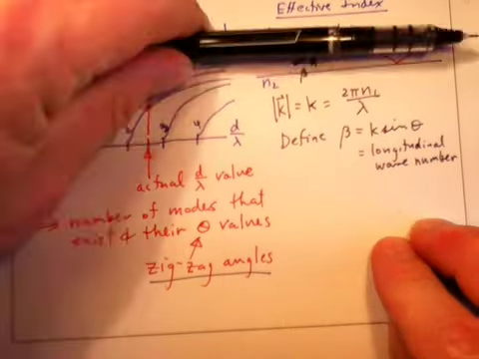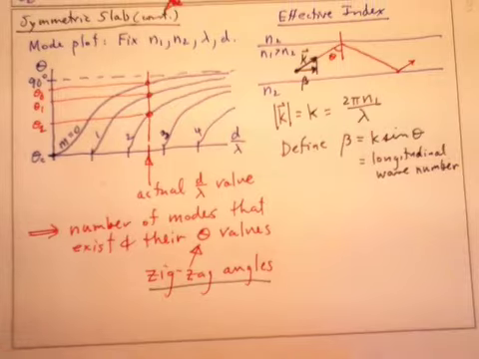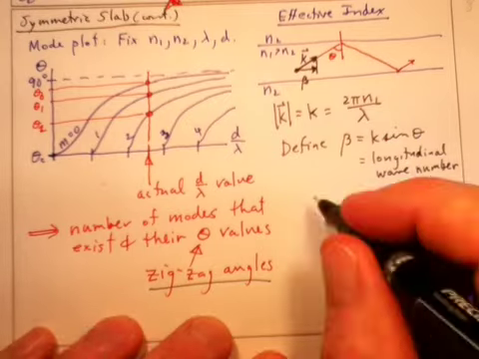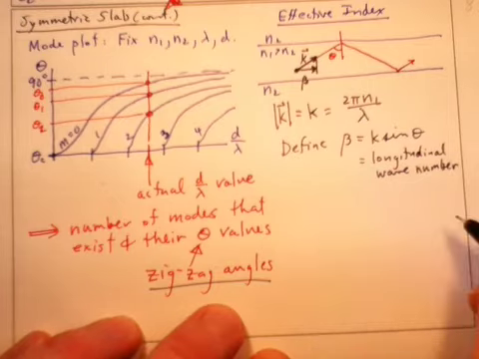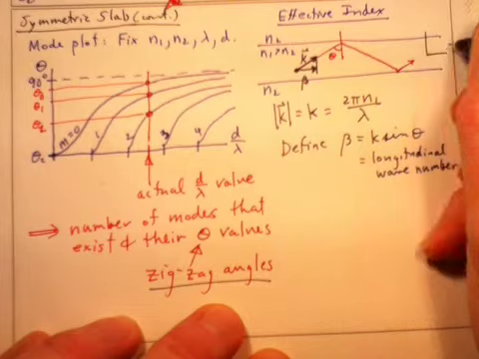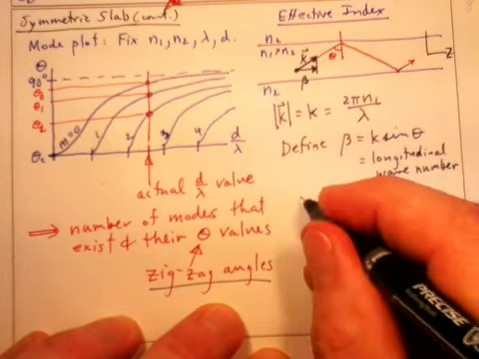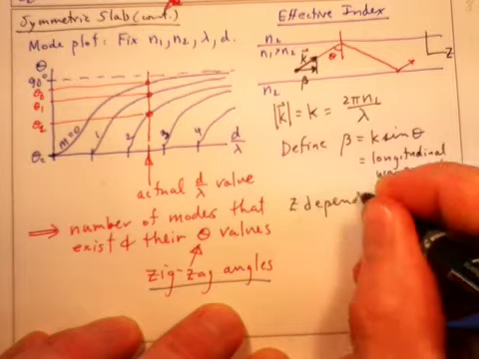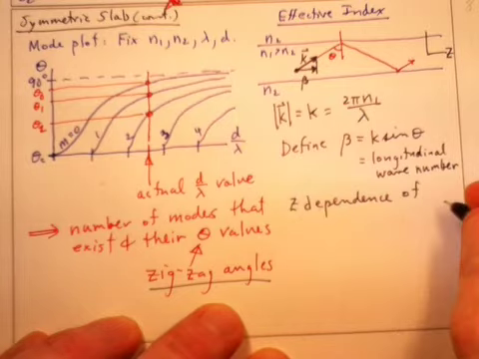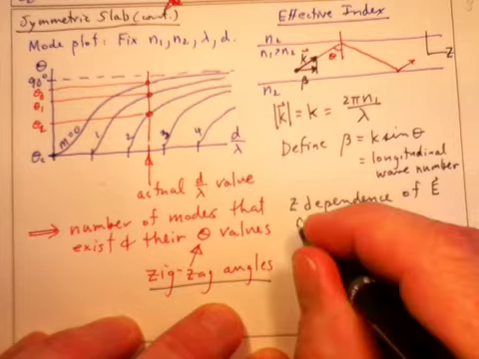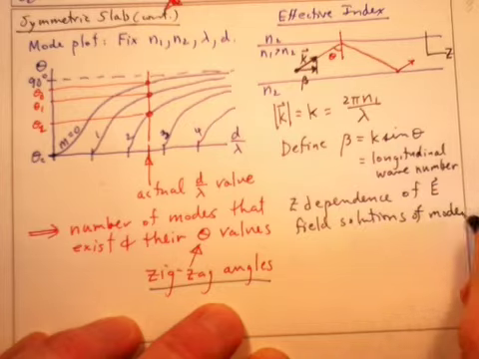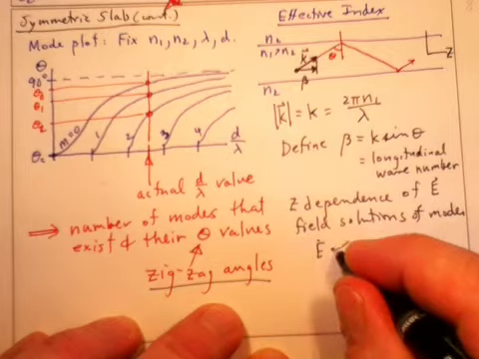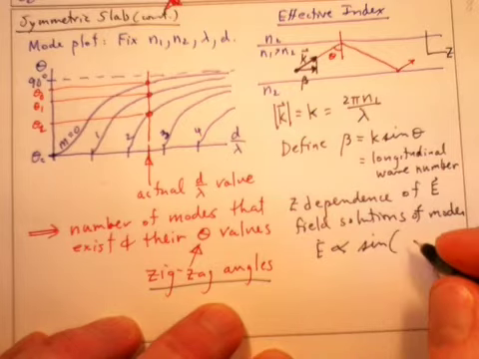What we can do then, and I'm not telling you exactly why this is such a great thing, is that the z dependence of the field solutions, the E field solutions of these modes, is going to be proportional to the sine of beta z minus omega t.